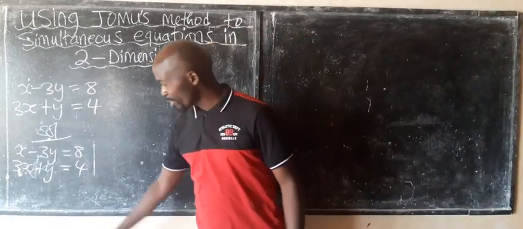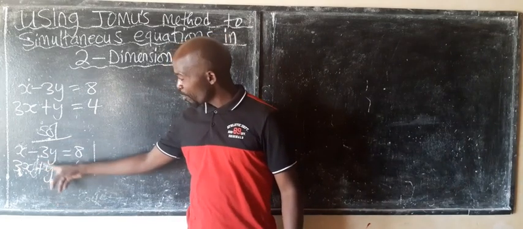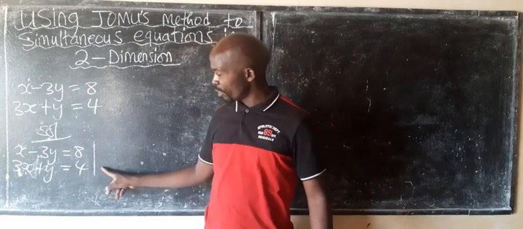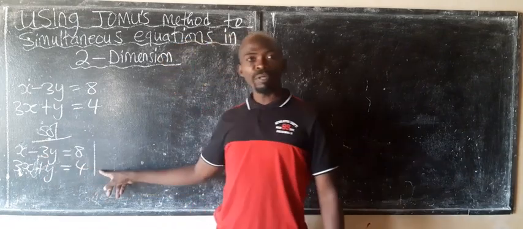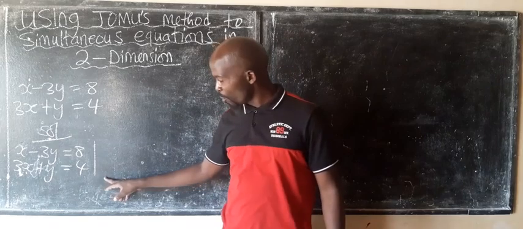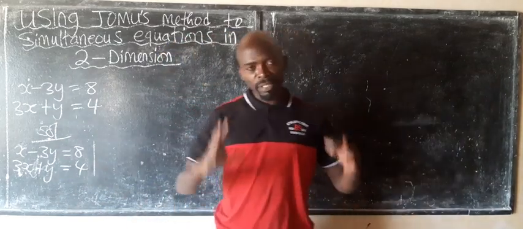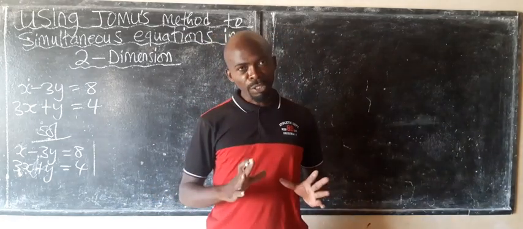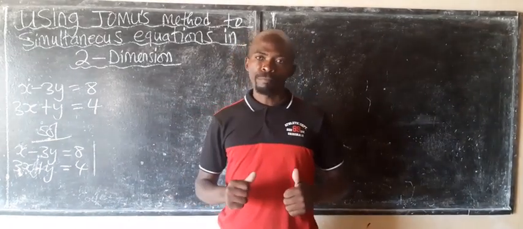Just for emphasis, if I want to make the coefficients of y the same, I don't need to multiply the second equation by positive 3; I need to multiply it by negative 3. That's how this method works. The signs must be the same: not just the coefficients that should be equal, but also the signs they carry.